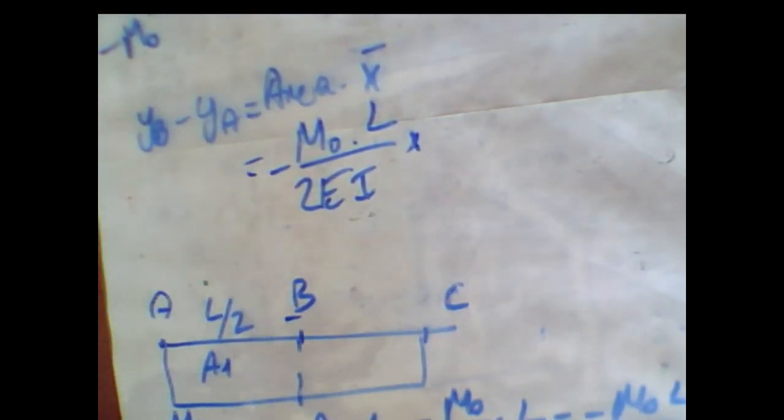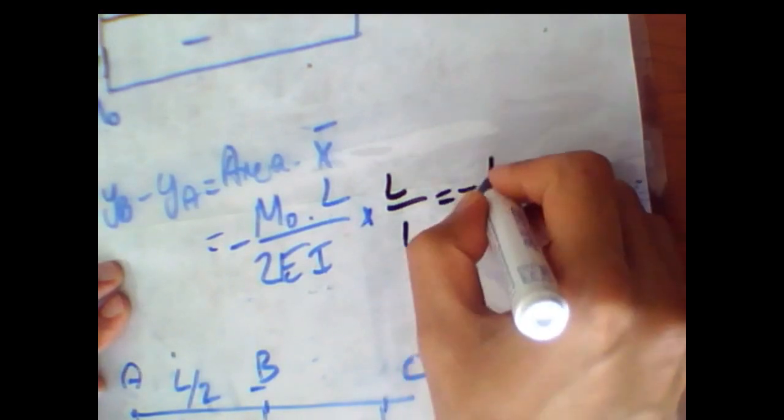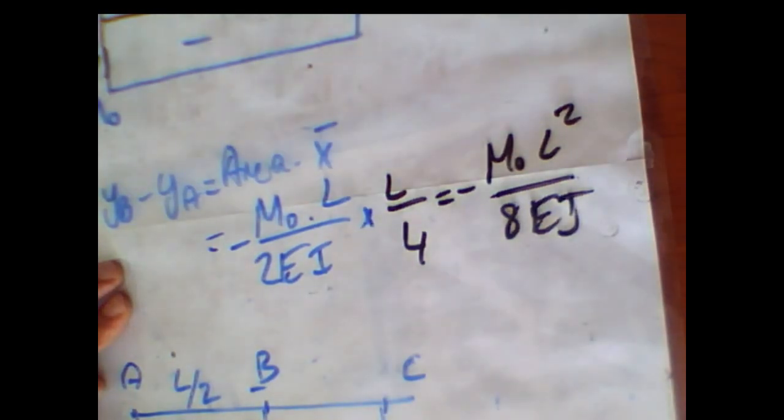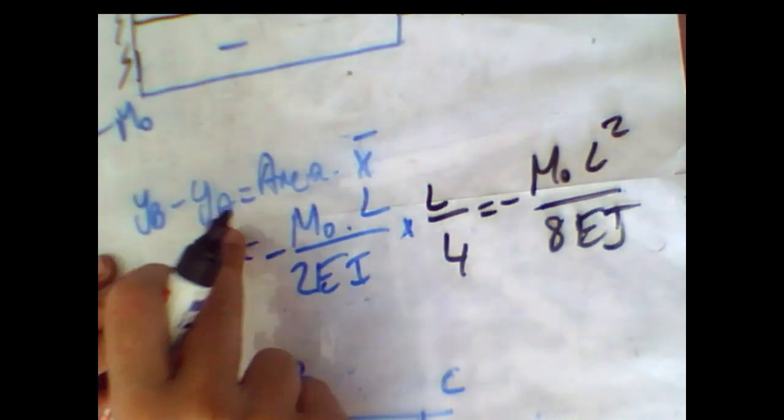So times X bar. What is the X bar? X bar is the centroid of the area, between the center of the area and point B. The centroid of the area is the middle of the length. Therefore this length is equal to L over 4, so I have to write L over 4. Multiplying these two terms, I obtain minus M0 L squared over 8EI, and this value is equal to YB minus YA.